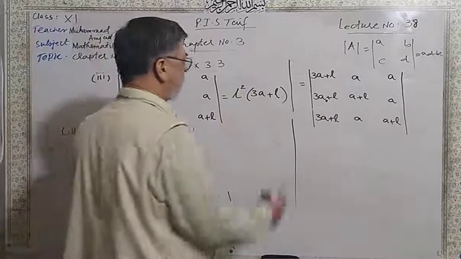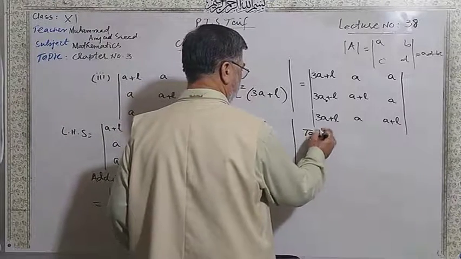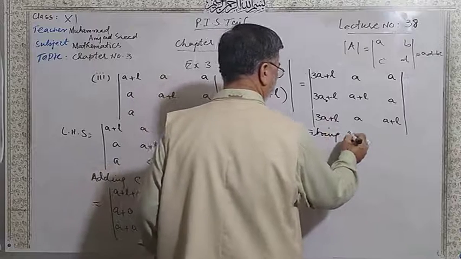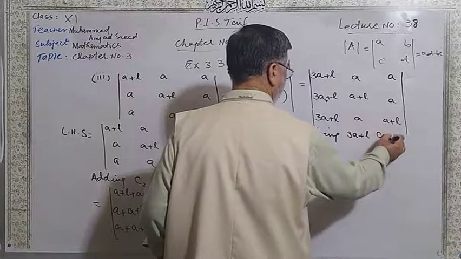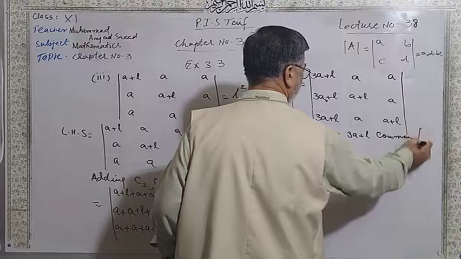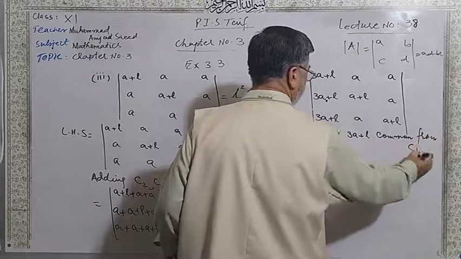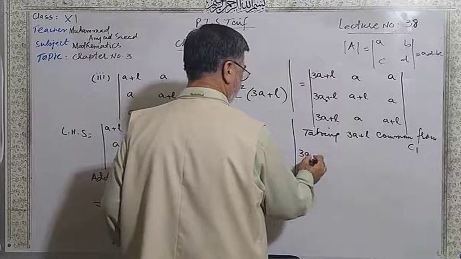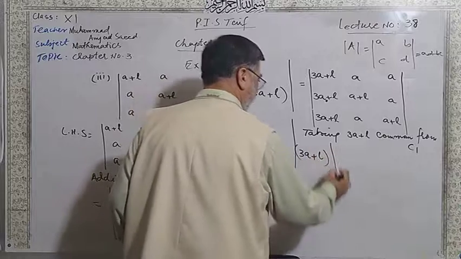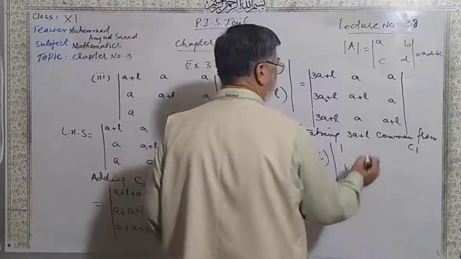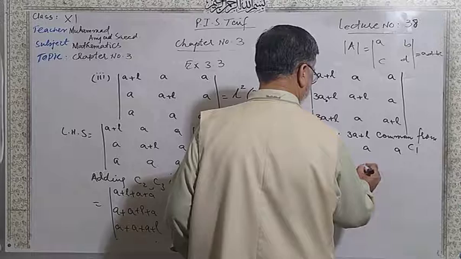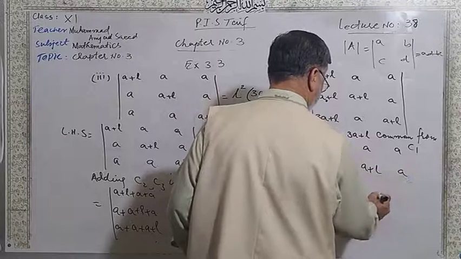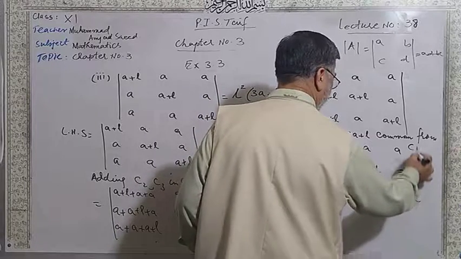After that, taking 3A plus L common from C1, 3A plus L into 1, 1 and 1, A plus L, A plus L.